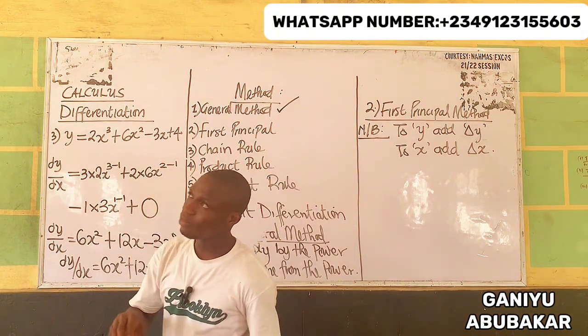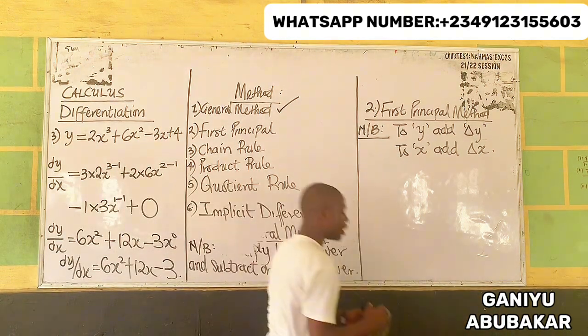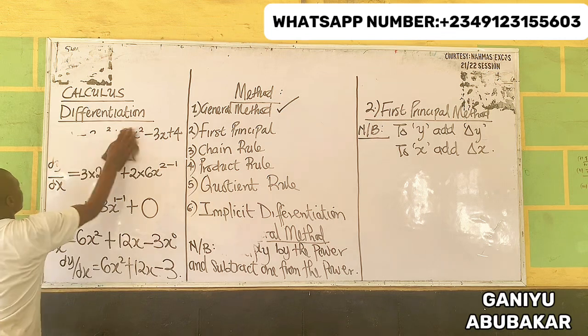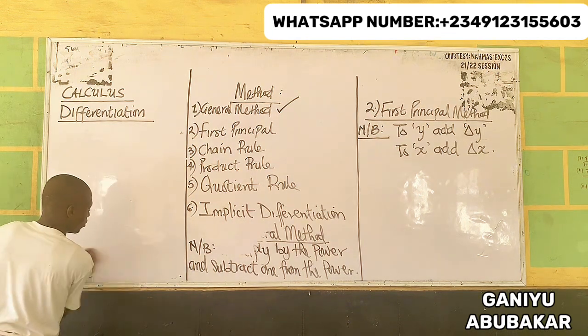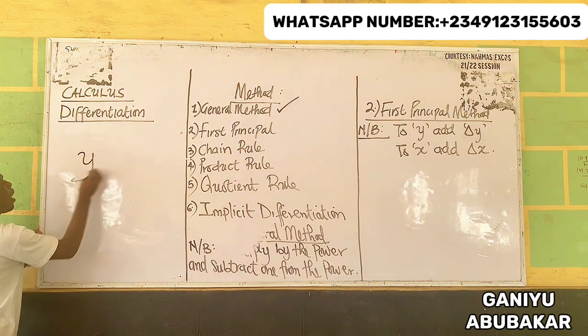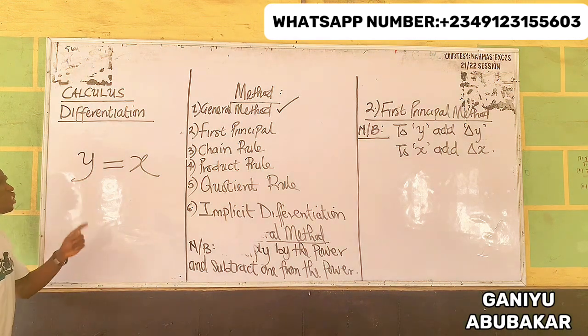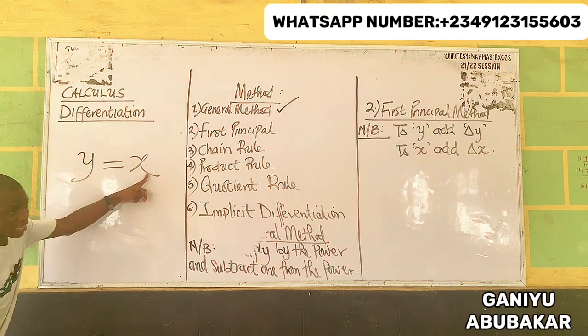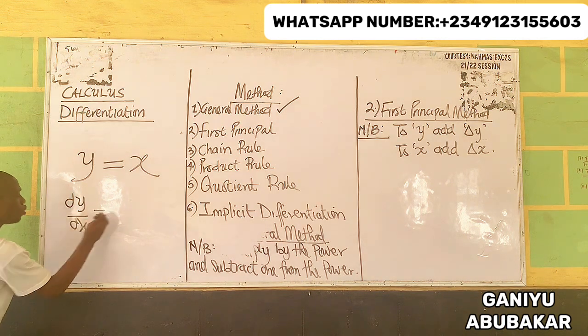Now, hold on, please. Let me play with you guys more. Look at this part, please. If I have that y is equal to x, and I differentiate y with respect to x, I'll have dy over dx equal to what?